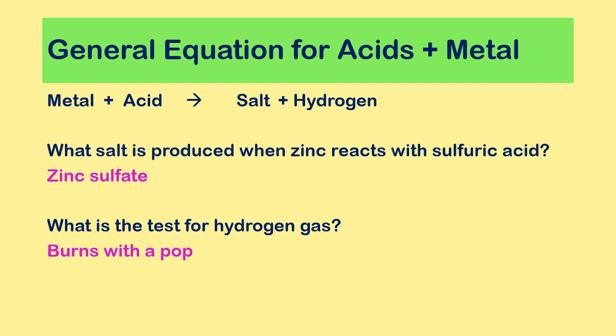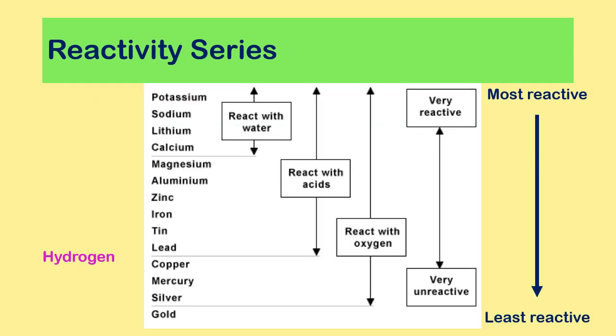We also have what is the test for hydrogen gas, because hydrogen gas bubbles are being given off. You need to know that hydrogen gas burns with a pop. Now, on the back of your data booklet, the last page, there is a list of metals. And on that list of metals, there is the word hydrogen.